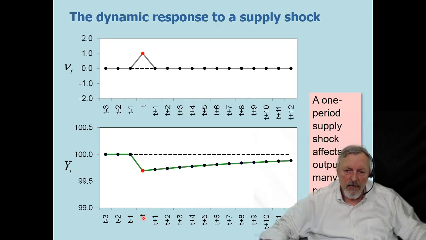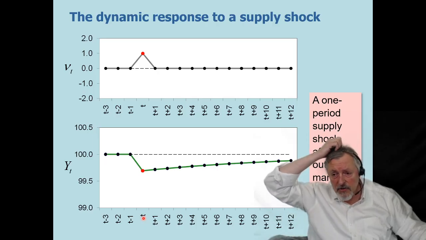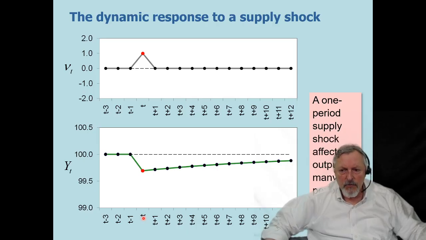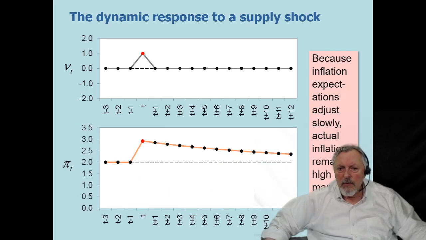These effects reflect in part the response of the central bank, the Fed in our case, to this through its policy rule that would lead to a higher nominal and real interest rate, which in turn would reduce demand for goods and services, which would push output below its natural level. And over time, it would return to where it was.